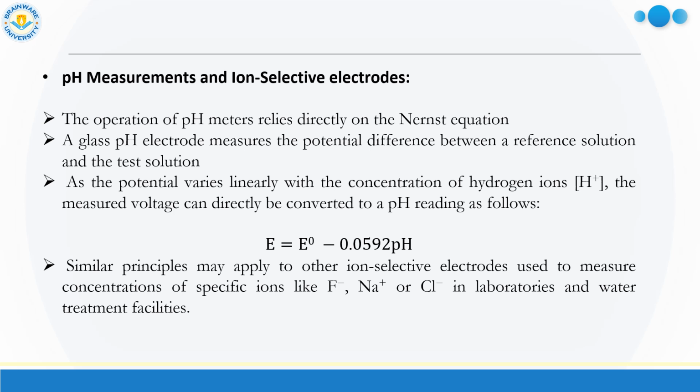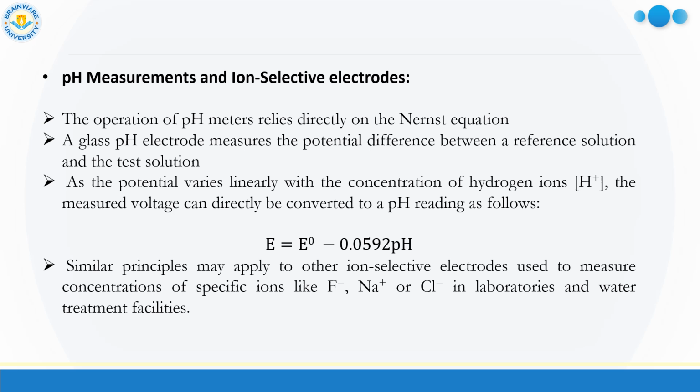A glass pH electrode measures the potential difference between a reference solution and the test solution. As the potential varies linearly with the concentration of hydrogen ions, designated as H+ within brackets, the measured voltage can directly be converted to a pH reading by simply using this equation.